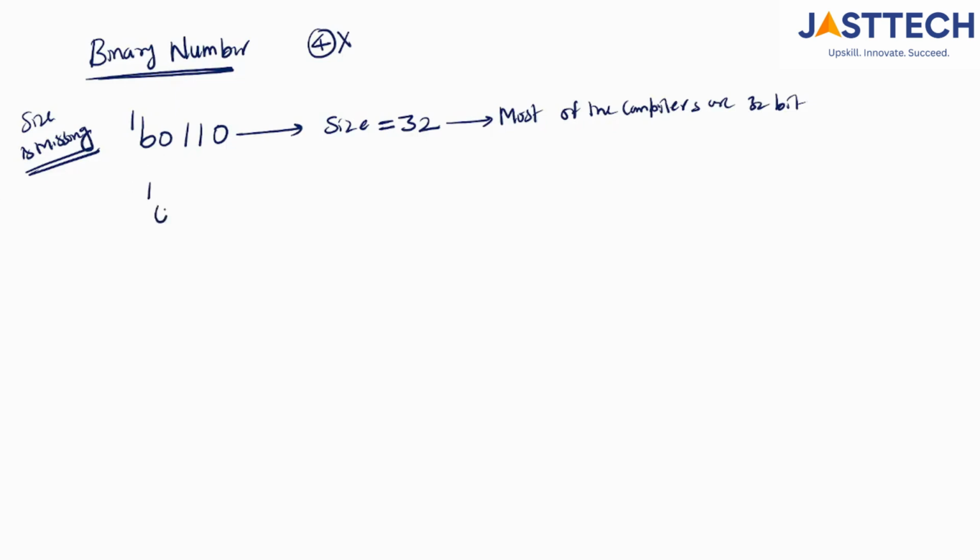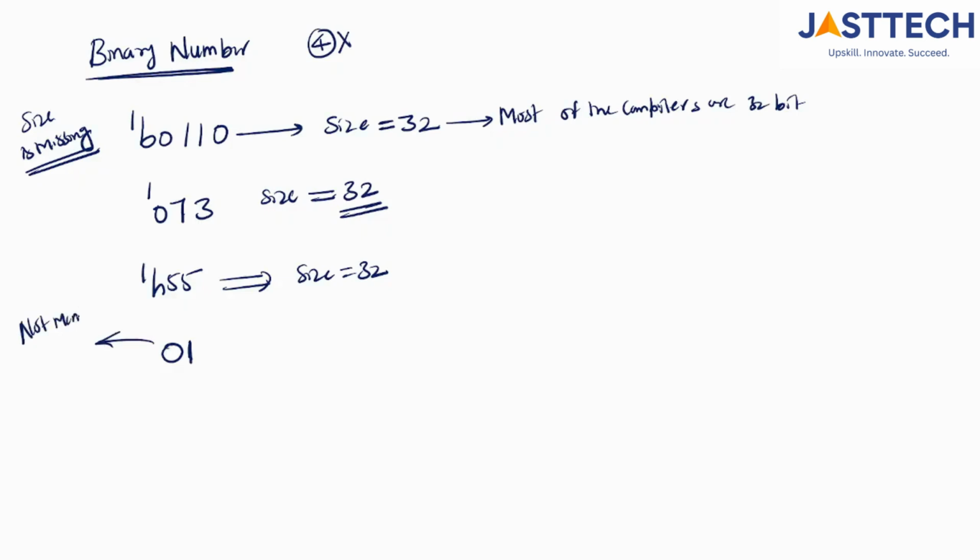Suppose you take the octal number also, 'o73. What is the size? You have not included any size, so this will take 32 bit. And 'h55, what is the size? Size is 32 bit. And let us take 01. You have not mentioned any size and you have not mentioned any base.